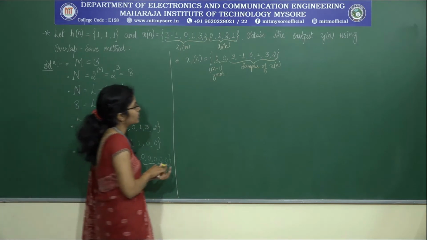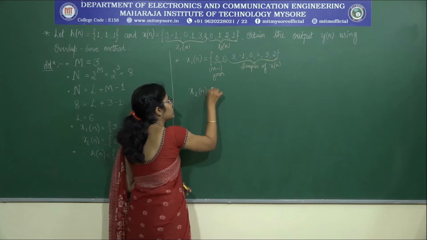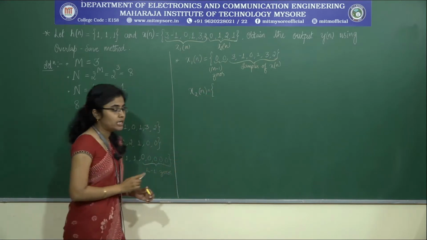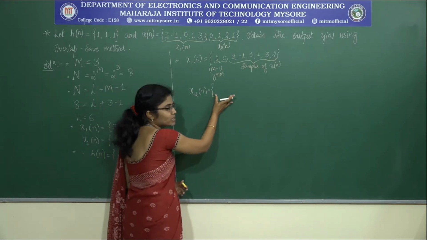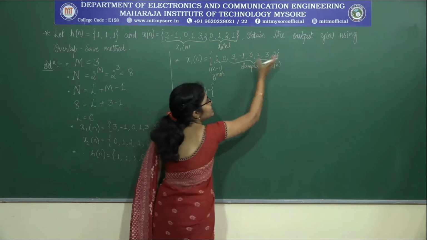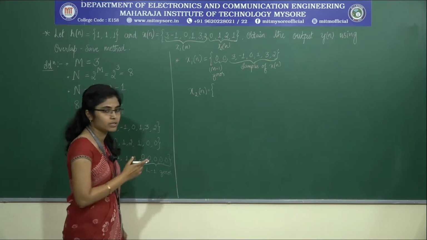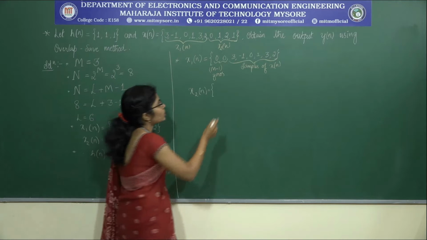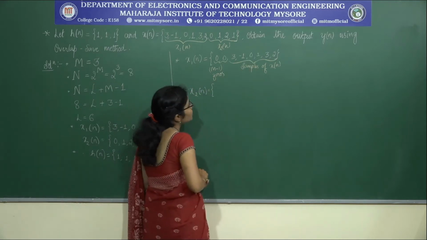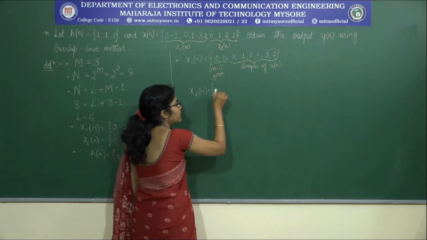Now, I need to write x2 of n also. In order to write x2 of n, what I need to do? The first M minus 1 samples of x2 of n should be the last M minus 1 samples of x1 of n. We know the value of M is 3. So, 3 minus 1 is 2. So, what are the last 2 samples of x1 of n? So, these are the last 2 samples of x1 of n. So, write it first.